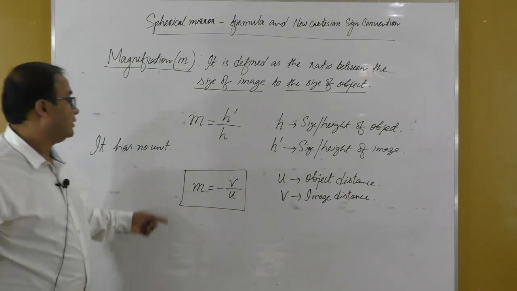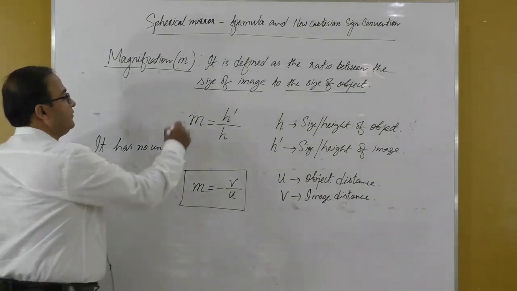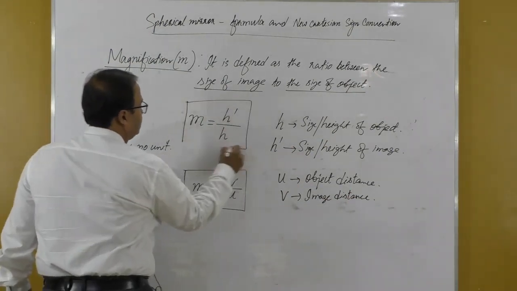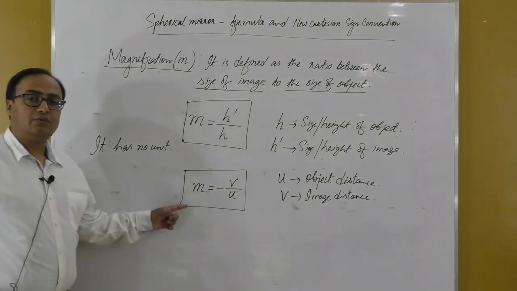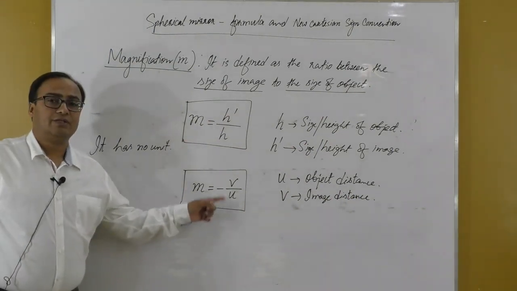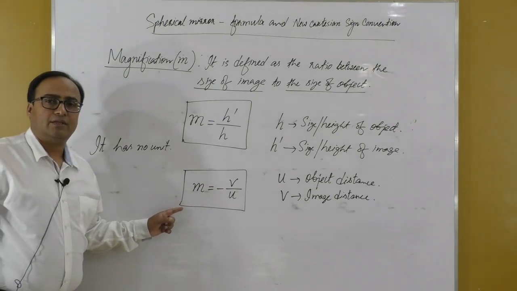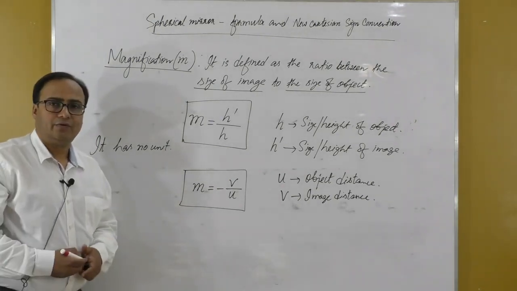So if I ask you the formula for magnification, the first one is m equals h dash by h, and the second one is m equals minus v by u for spherical mirror. You should note down the definition and formula.